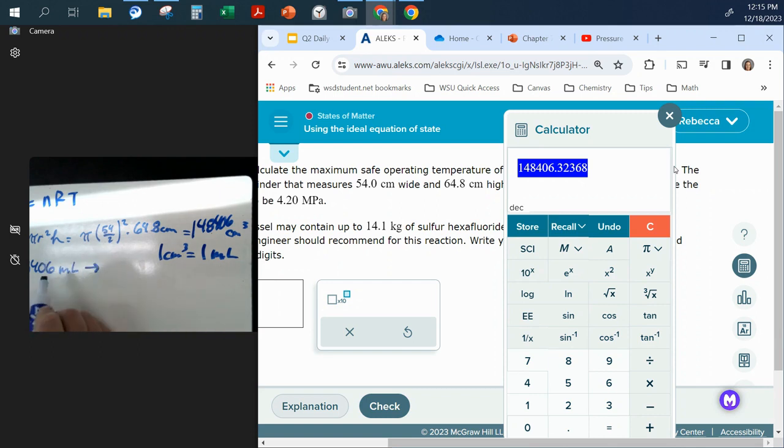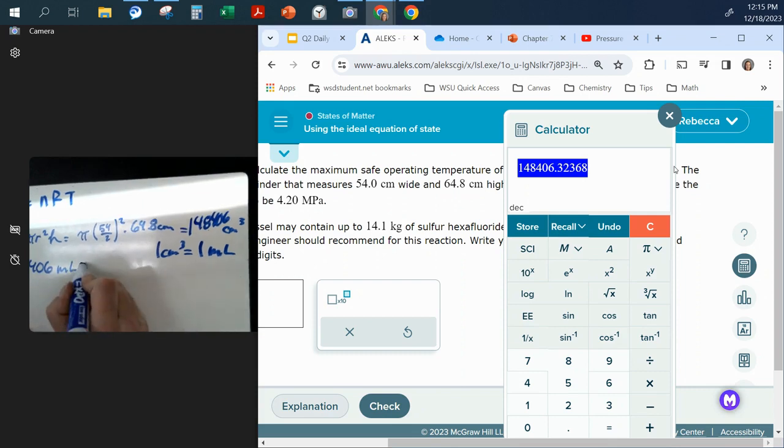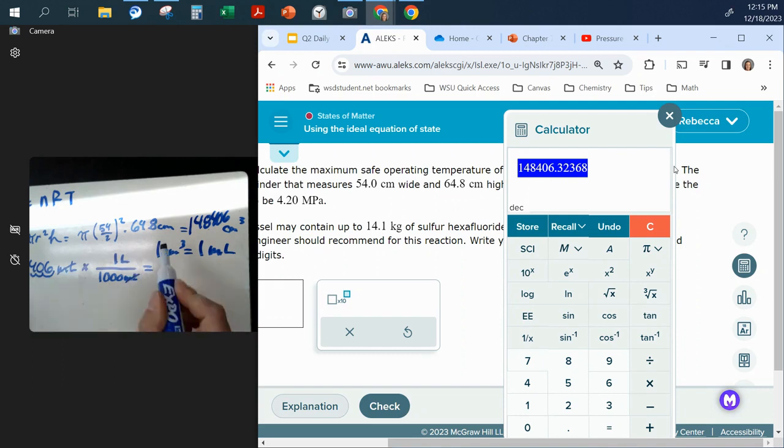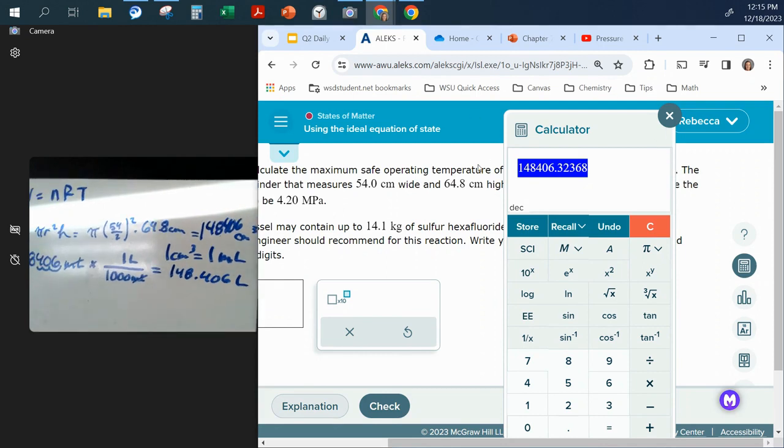So how do we convert this to liters? 1,000 milliliters for 1 liter, so we're going to divide by 1,000. I'm just going to move the decimal: 1, 2, 3. 148.406 liters. Okay, great. So we have our volume now after a lot of effort.